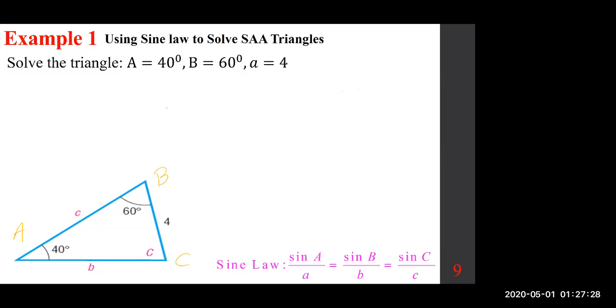Obviously, the fastest and the easiest one to solve would be the third angle. They add up to 180. So I don't think anybody has any problem with that. So we do that, okay, class? And C becomes 80. So that, I believe, is straightforward.